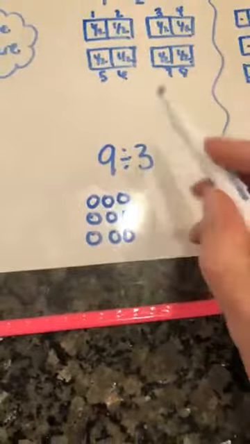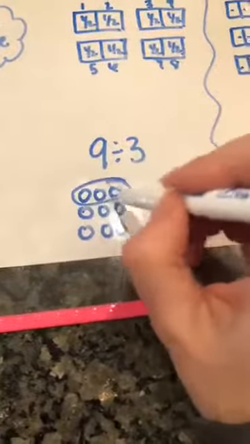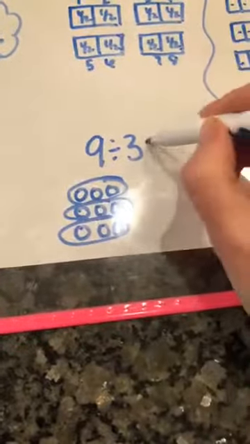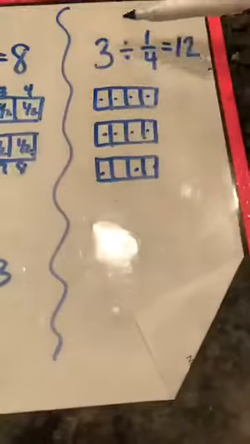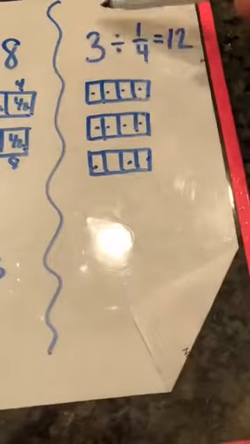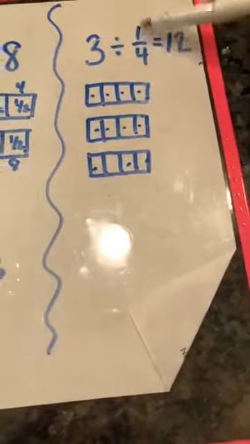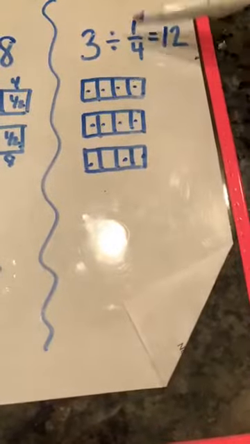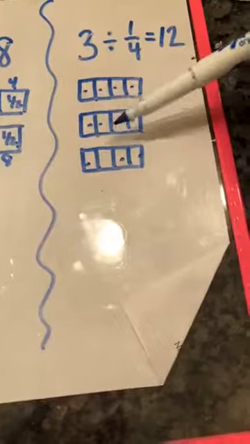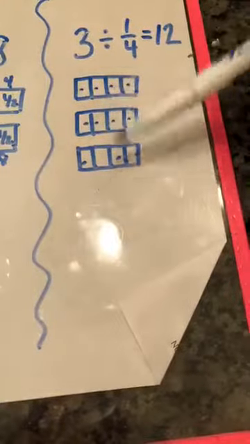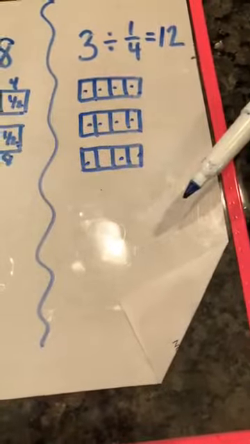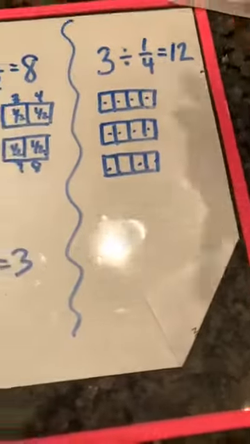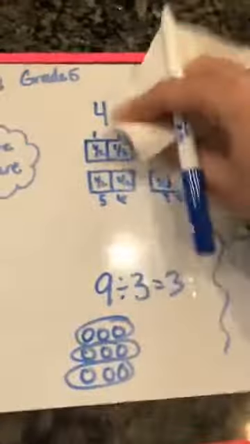How many equal groups of 3 can fit into there? And we can clearly see that there are 3. Same thing here. We're taking 3 wholes and we're determining how many 1/4 fit into that. So if we were to divide each one of these into fourths, how many fourths would fit into my whole 3 amount?